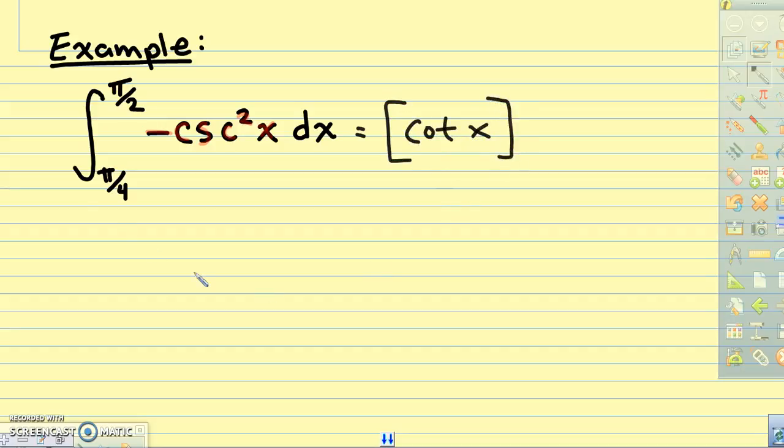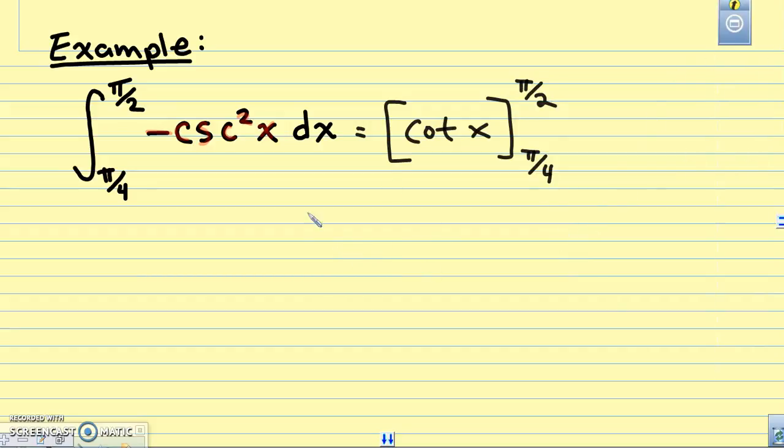Keeping in mind that we have to put our limits from pi over 4 to pi over 2 after we integrate, we then apply the fundamental theorem of calculus that says capital F of B minus capital F of A. So we have cotangent of pi over 2 minus cotangent of pi over 4.